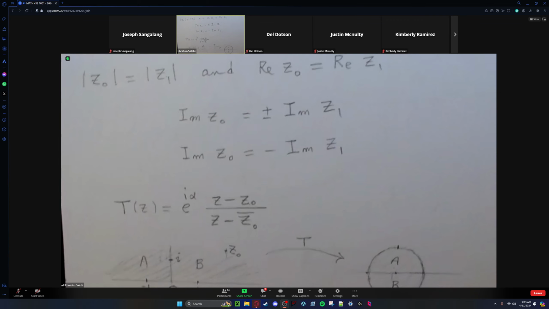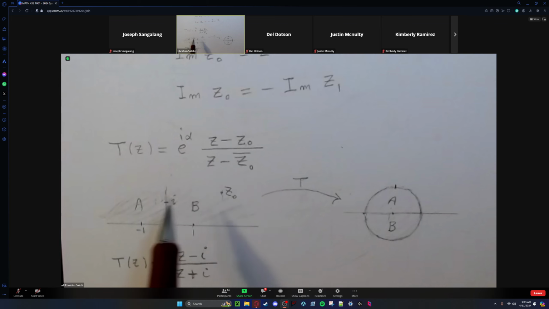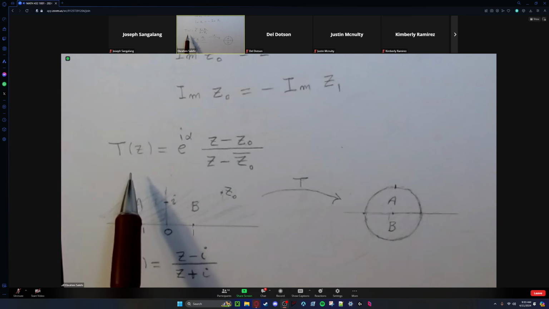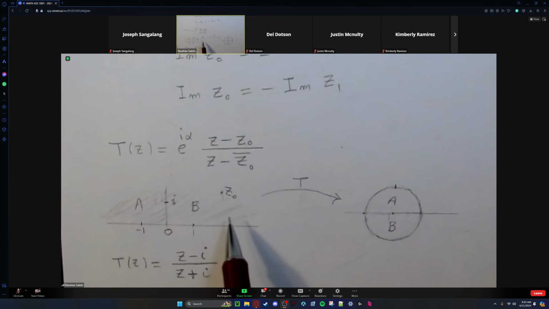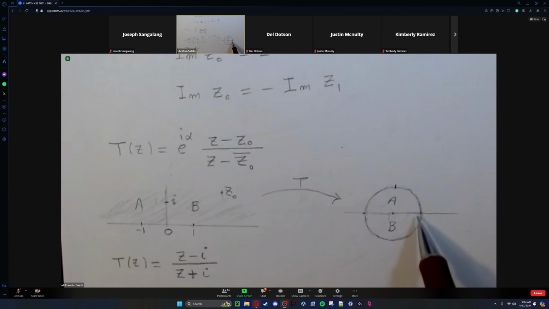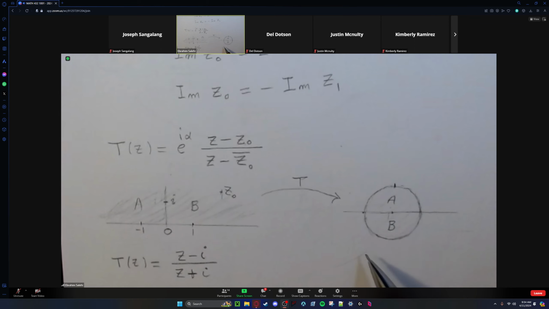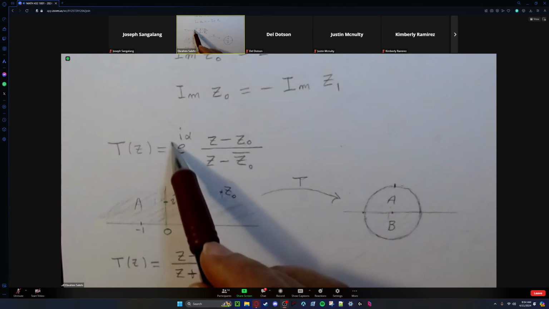So this is, in general, the format of the linear transformation that maps the upper half plane into this unit circle. Now, I'm going to make it even easier. I will take this one as 1.